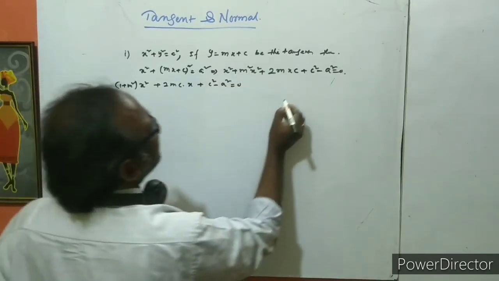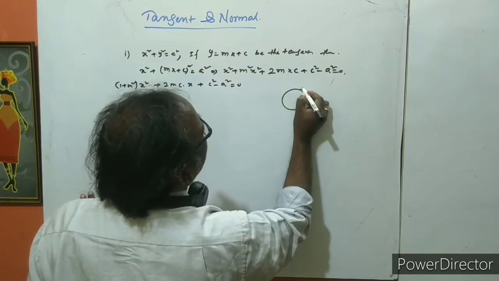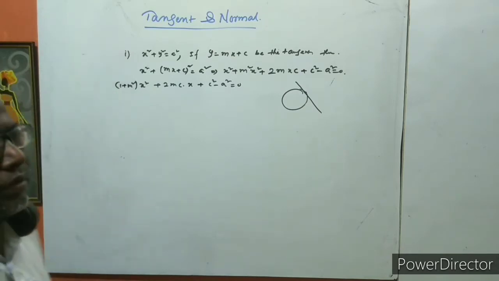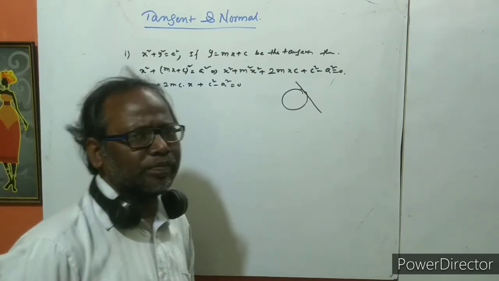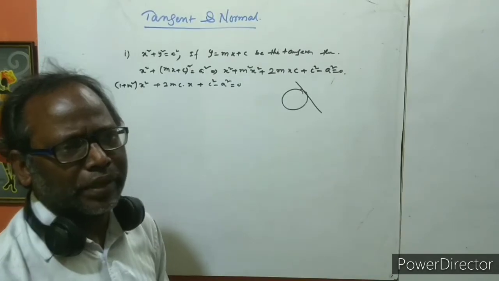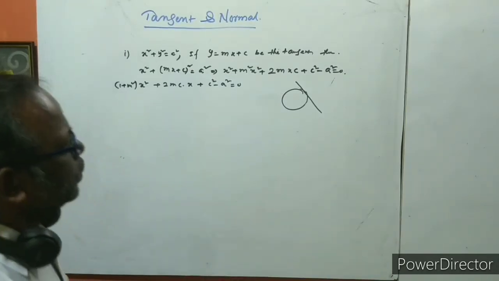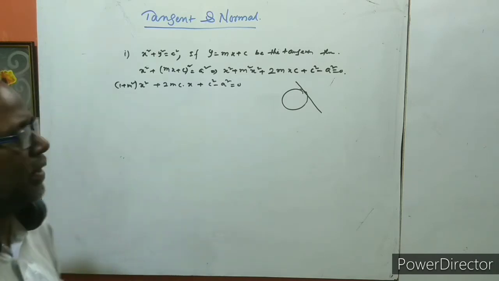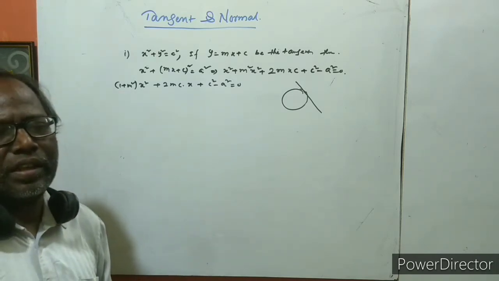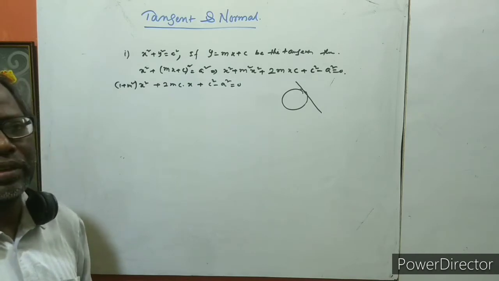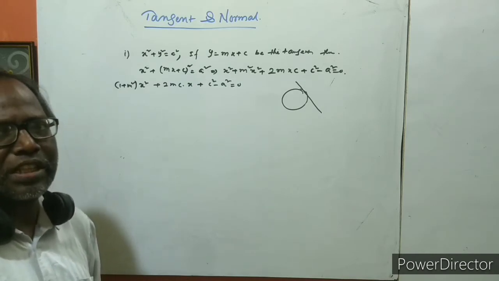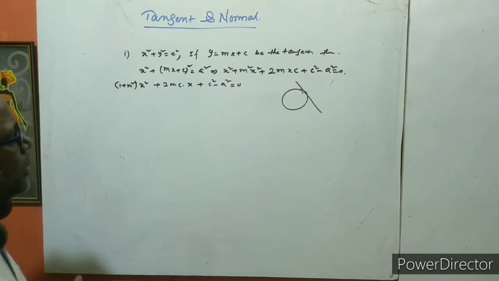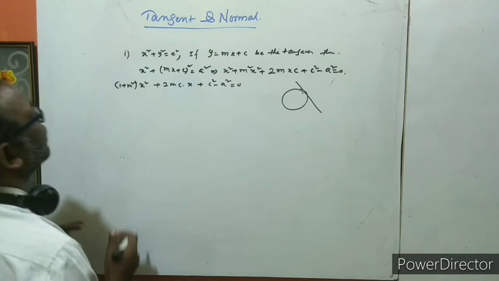As this is a tangent, let us assume this is a circle, and a tangent touches the curve at a single point. For this quadratic equation we want the solution of x, and if we get a single solution, we can use the theorem of quadratic equations, that is b square minus 4ac is equal to 0. That is the logic for finding a single solution of a quadratic equation.